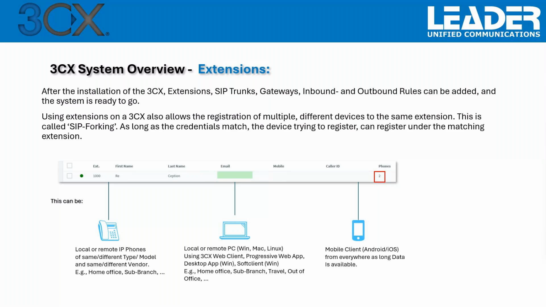We can have IP phones, for example, in our office and at home, registering to the same extension. We can have the soft client or the web client on our notebook registering to the same extension. That gives us the opportunity to travel around worldwide and always have the phone connectivity enabled as soon as we have internet access.